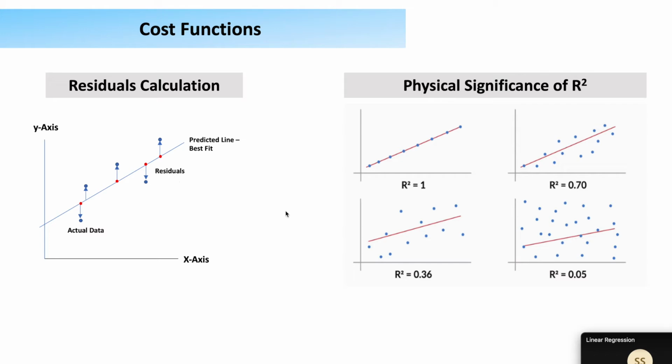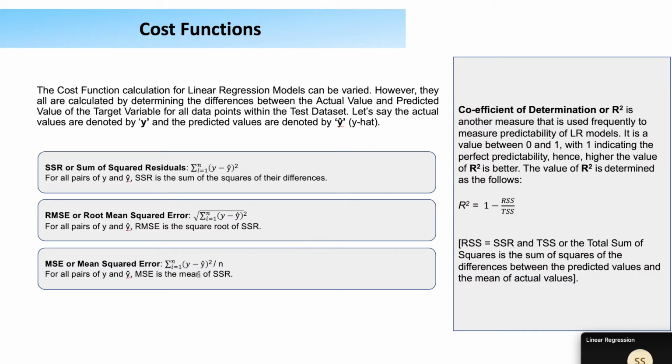So what translates into a good model, or a good best fit line, is the equation where the total amount of residuals, which is reflected by your MSE, SSR or RMSE, is smallest.